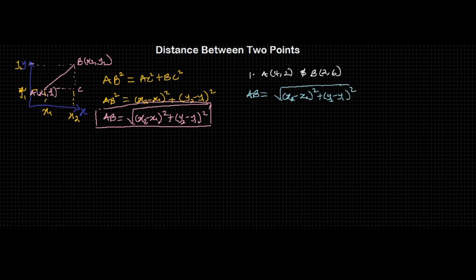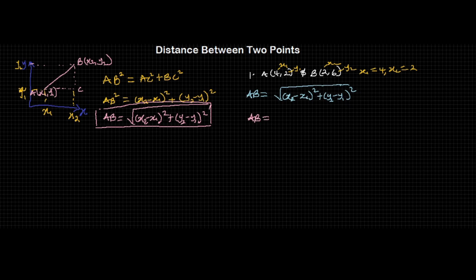So from here we observe that x1 is equal to 4 and x2 is equal to 2. This is x1 and this is x2, this is y1 and this is y2. So let's substitute that into this formula now.